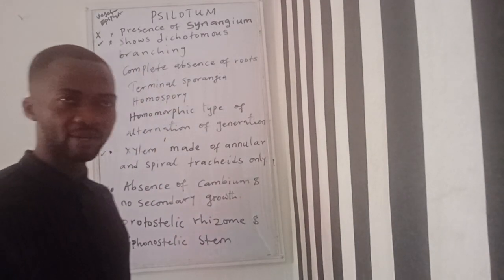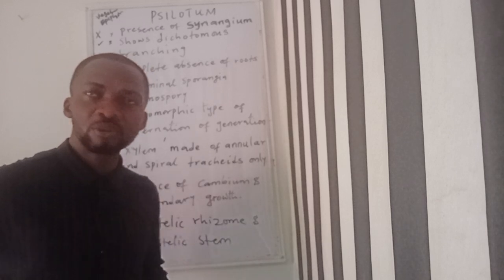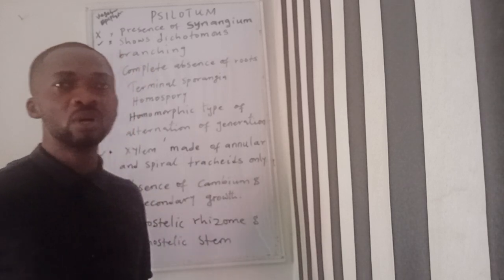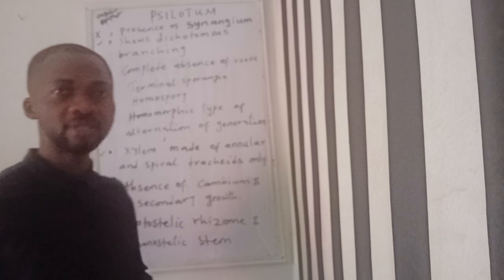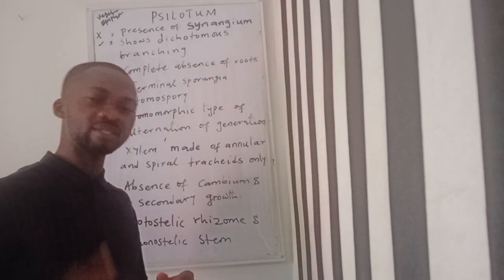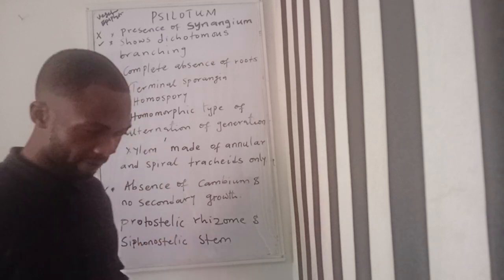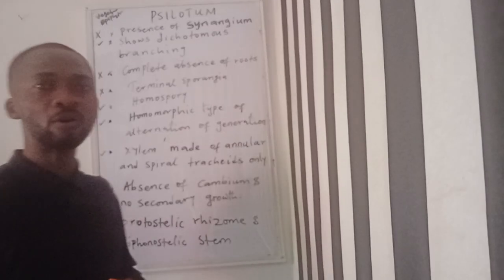Then another characteristic is the fact that their vegetative reproduction is through two different methods. One is by fragmentation of the rhizome. They have an underground rhizome that gets fragmented, and each of the fragments will result in the birthing of another plant. That is vegetative reproduction.